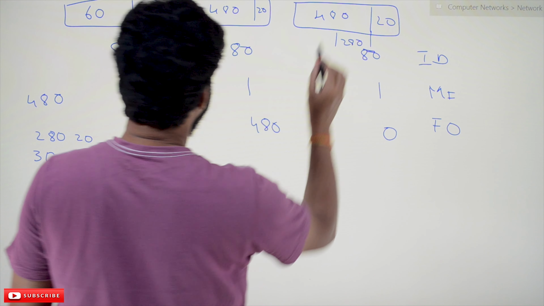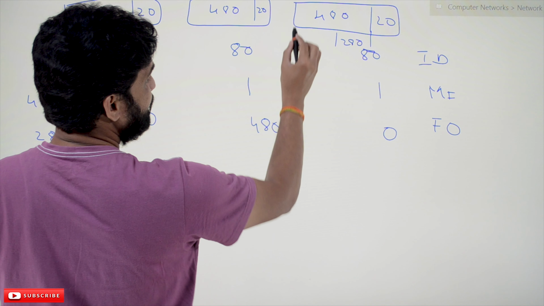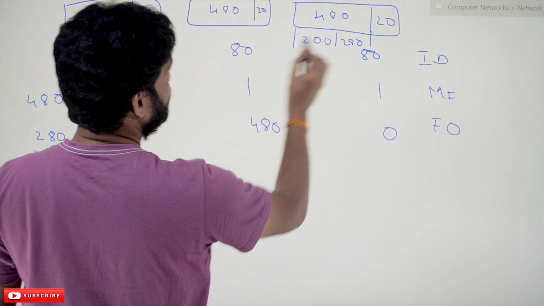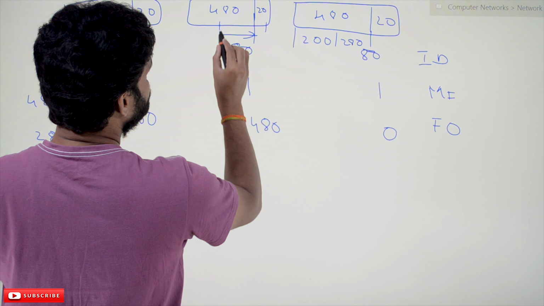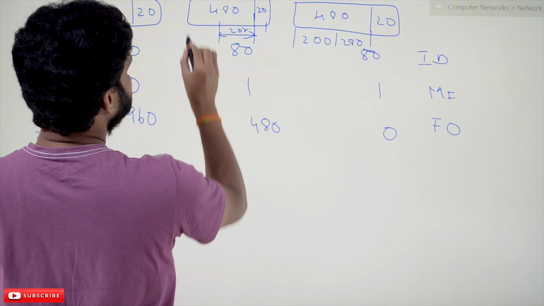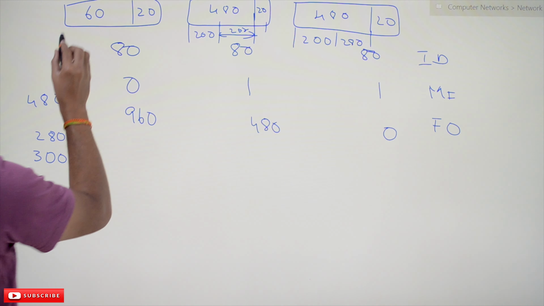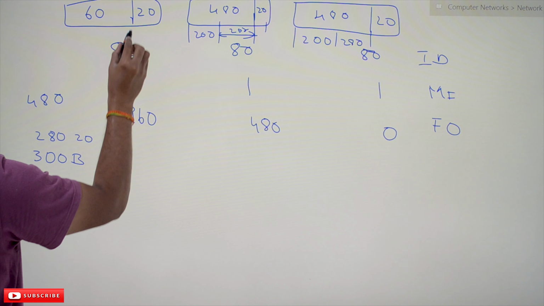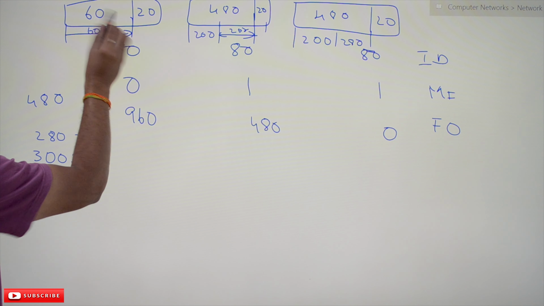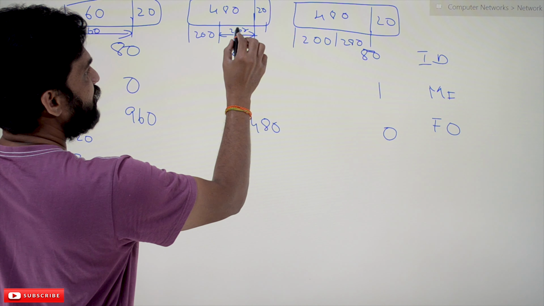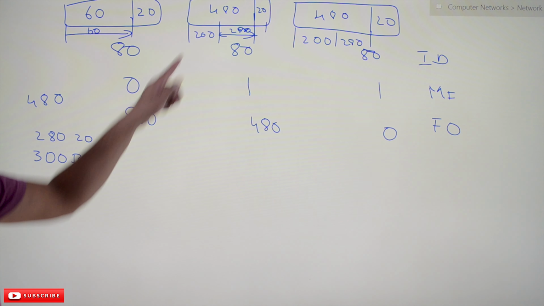As we are having 280, the remaining part is going to be 200. Similarly, if you take from here, this is 280, this is 280, and this is 200. As it is less than 280, this one will be taken into one packet itself. Further divisions will not be made for this packet, 280 and 200.